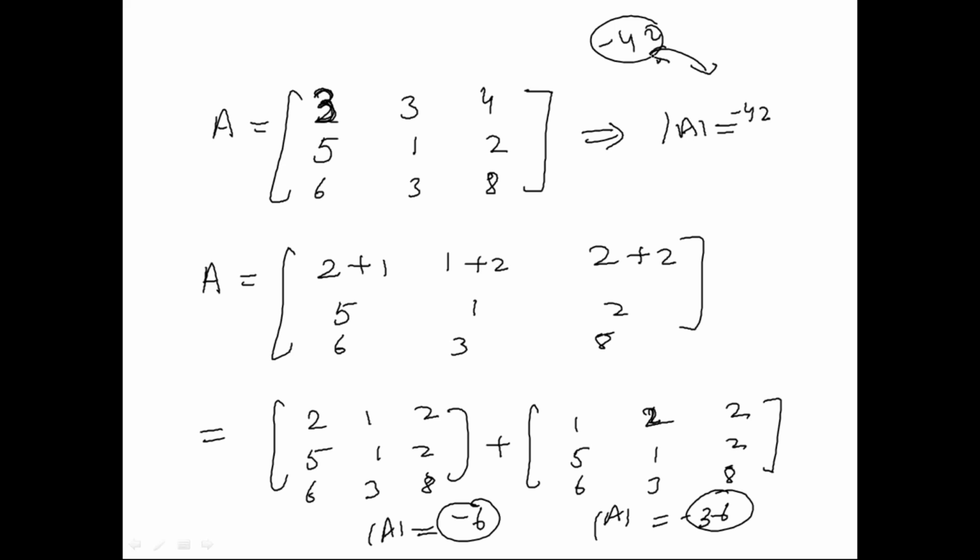If to each element of a row or column of a determinant be added equal multiples of the corresponding elements of one or more rows or columns.